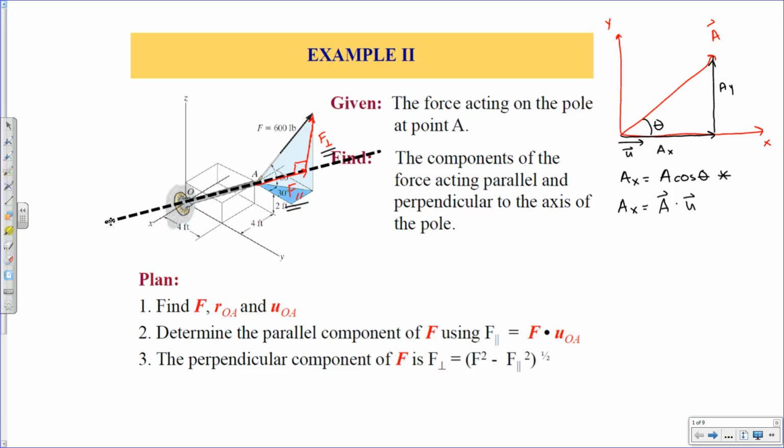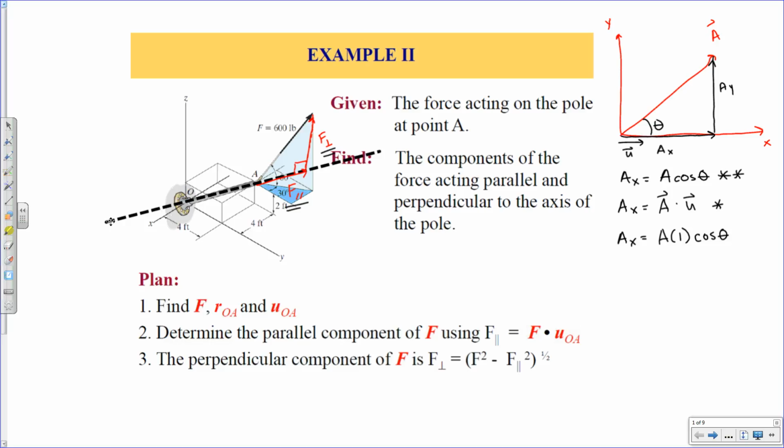Let's see how that works. Well, it says A sub x is equal to the dot product of A and the unit vector. The dot product is defined as the magnitude of your first vector times the magnitude of your second vector times the cosine of the angle between those two vectors. That is exactly what we had written up above. What's nice about the dot product is this is a more general expression that describes how you can determine the magnitude of a component of a vector along any line in space.